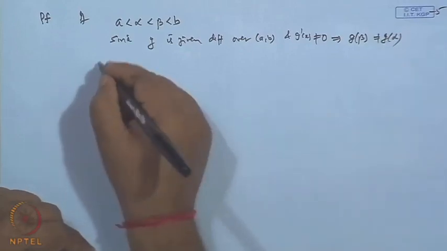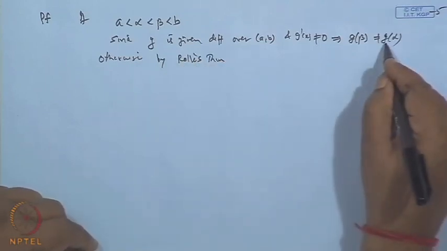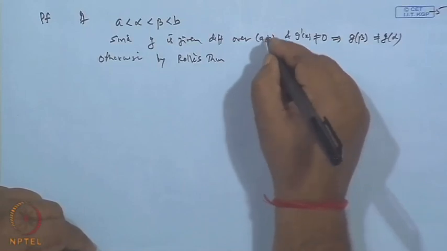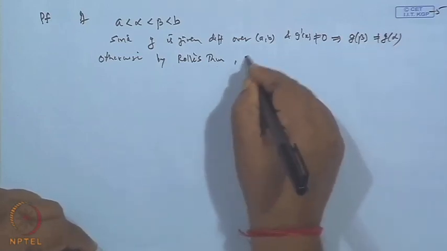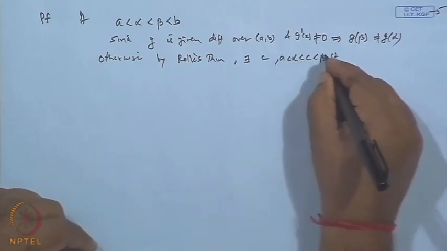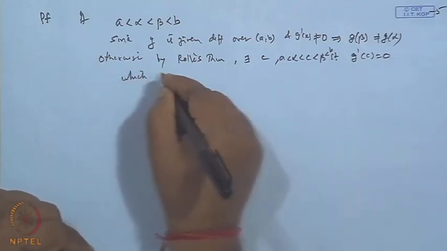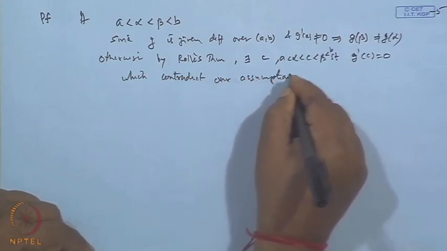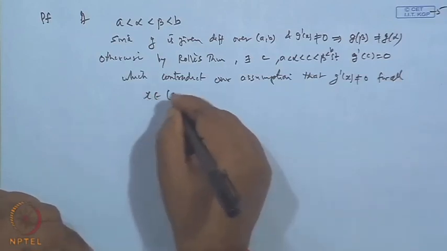Otherwise, by Rolle's theorem, if a function g is continuous over the closed interval [alpha, beta] and differentiable over the open interval (alpha, beta), and the values at the endpoints alpha and beta are the same, then there will exist a point c lying between alpha and beta such that the derivative of g at c must be 0, which contradicts our assumption that g prime x never vanishes for any x in the interval (a, b).